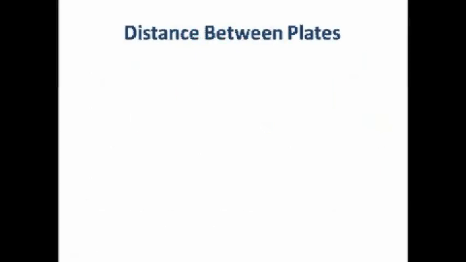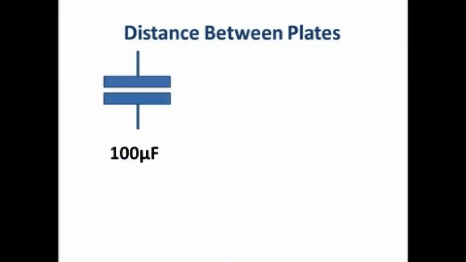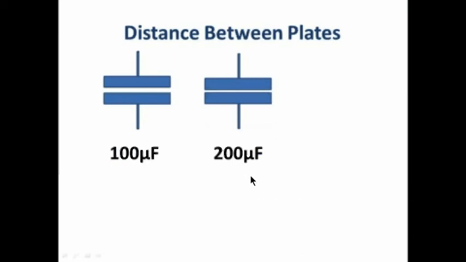The distance between the plates is also an important factor. Here's our capacitor again, and I've given it 100 microfarads. Now if we move the plates closer, see this distance is much smaller, I'm saying this distance is half this distance, we'll increase the capacitance to 200.